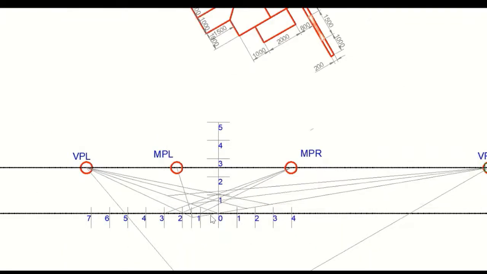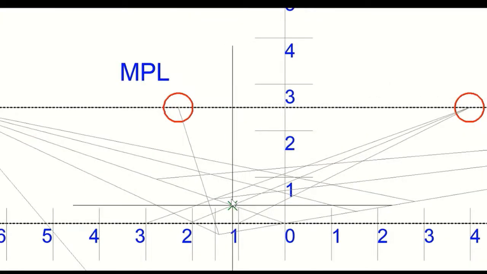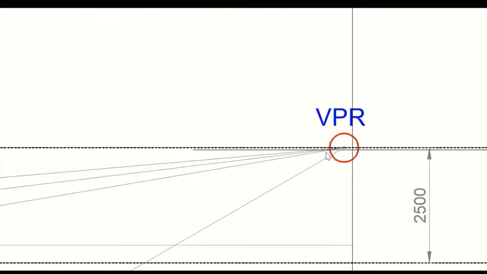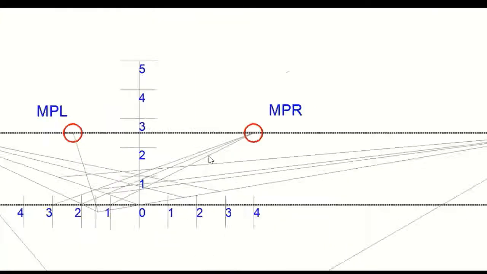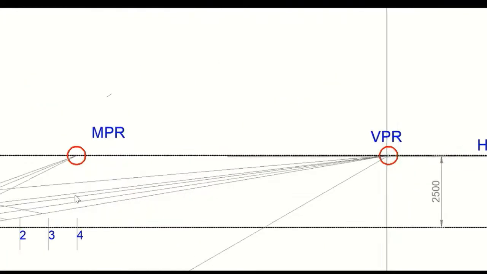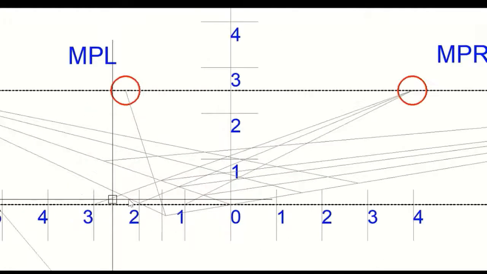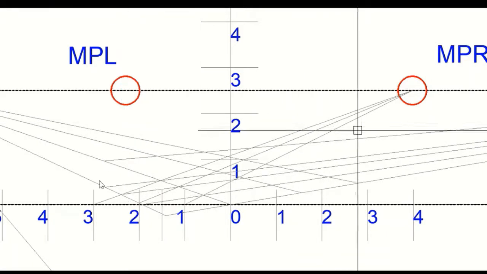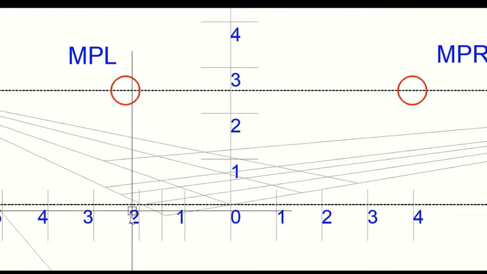Then I have to mark 1 meter, 1 meter, and 1 meter. From these measuring points I have calculated the length of 1 meter, and in the plan these points we have got. So this is how it has been created in the plan.